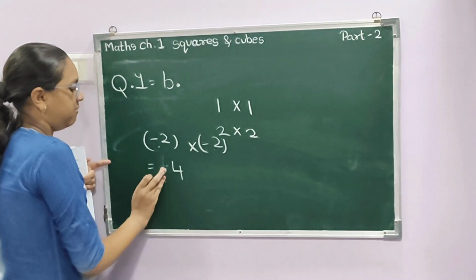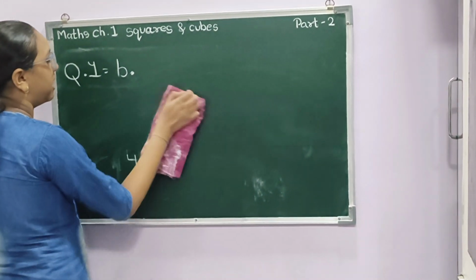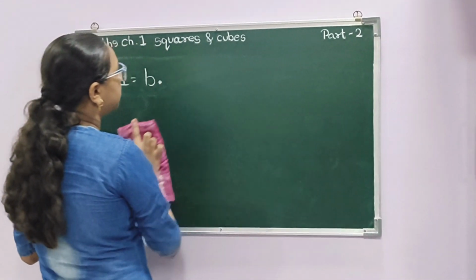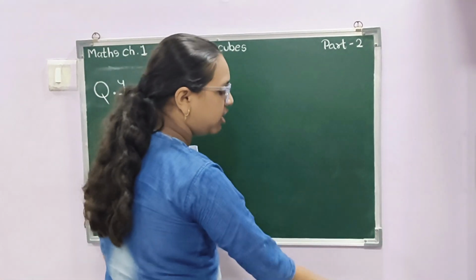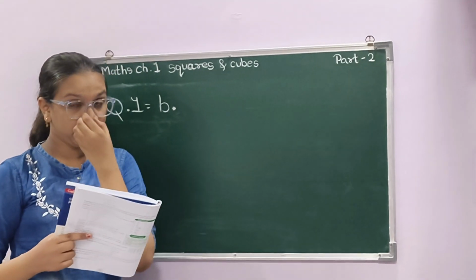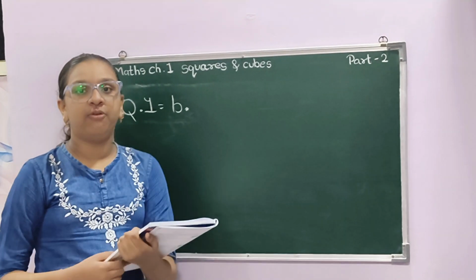So it will be 4 only. So if anyone asks you the square root of any number, you should give both negative and positive.